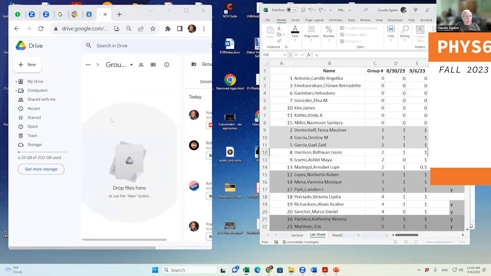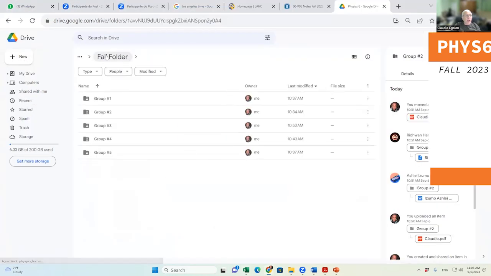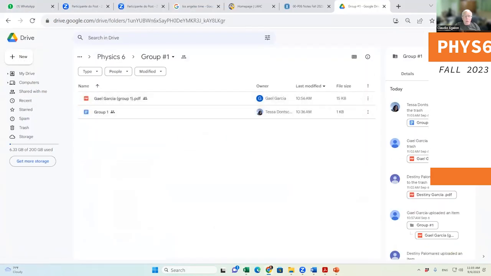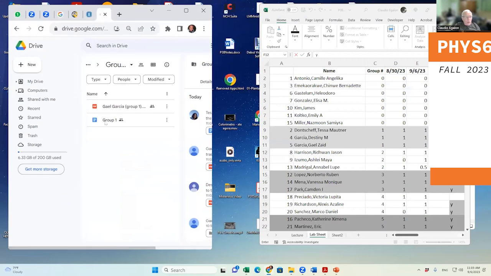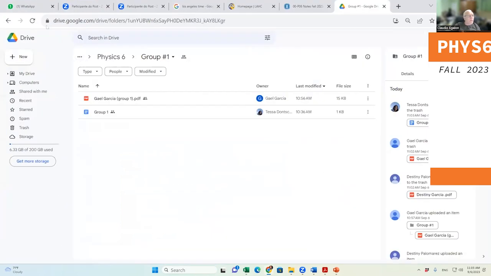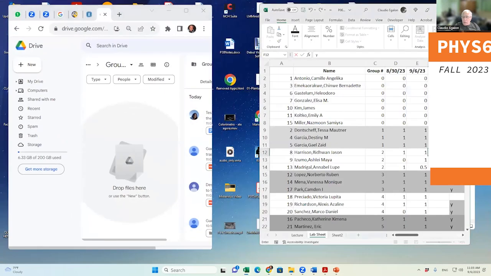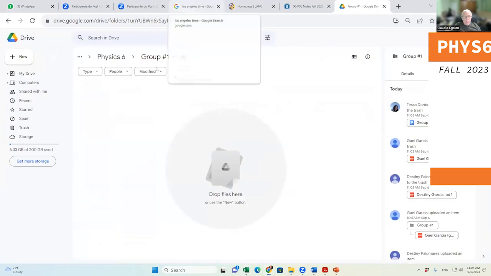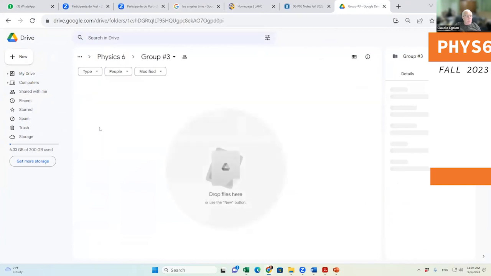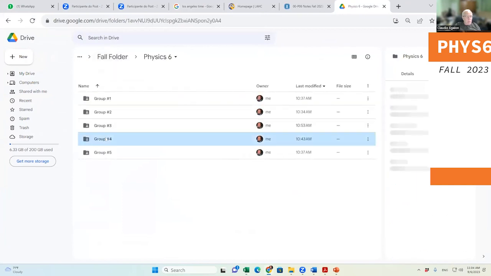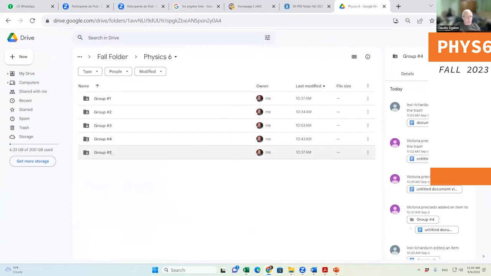And let's go back to group 1. Okay, group 1. Gael, did you manage to remove yours? Yep. Oh, everybody in group 1. Good. So 1, 2, and 3. Okay, I'm gonna put all here. And what about group 3? That should be okay. Everybody in group 3. What about group 4? Everybody in group 4. Good.